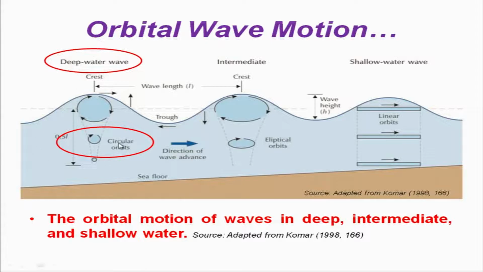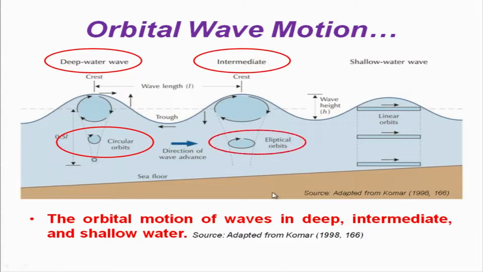So the circular motion will be experienced in the deeper water. The wavelength is much larger as compared to what we see close to the beach, or maybe close to the coastal region, where the water depth becomes shallower.